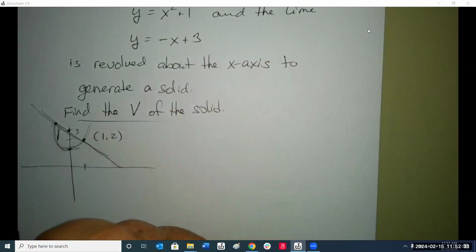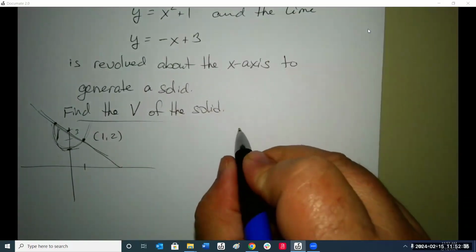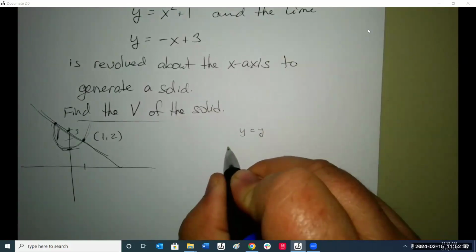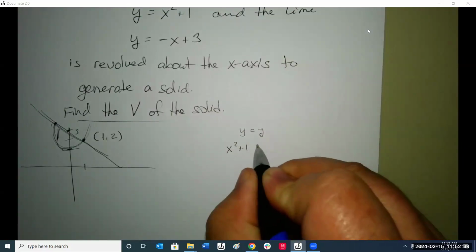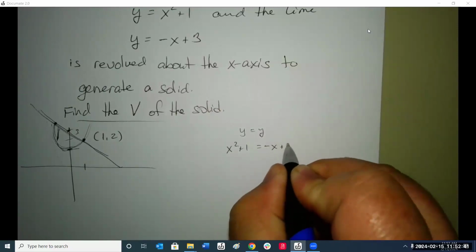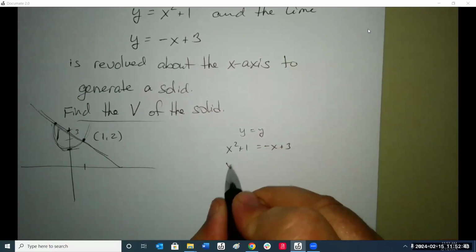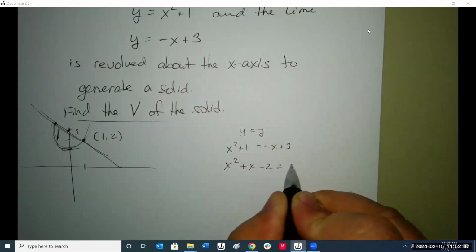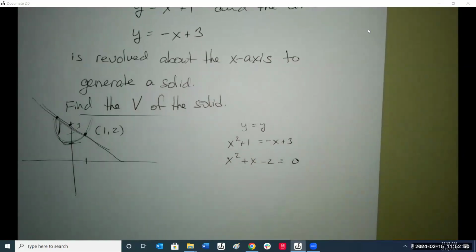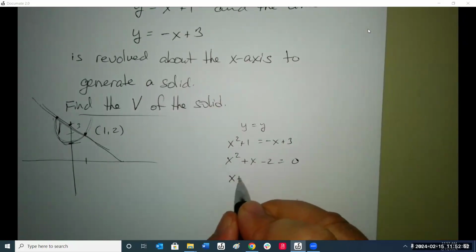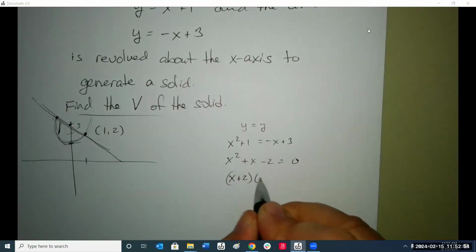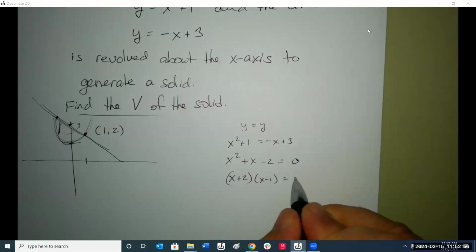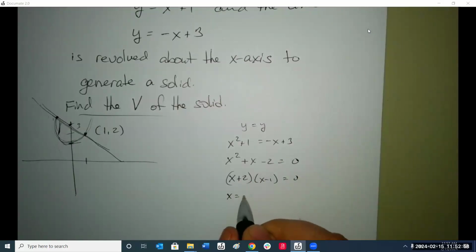We have another point here, so let's see where the two functions are equal. x squared plus 1 equals negative x plus 3. x squared plus x minus 2, so it's x plus 2, x minus 1. So we have an intercept at negative 2, and we have an intercept at 1.